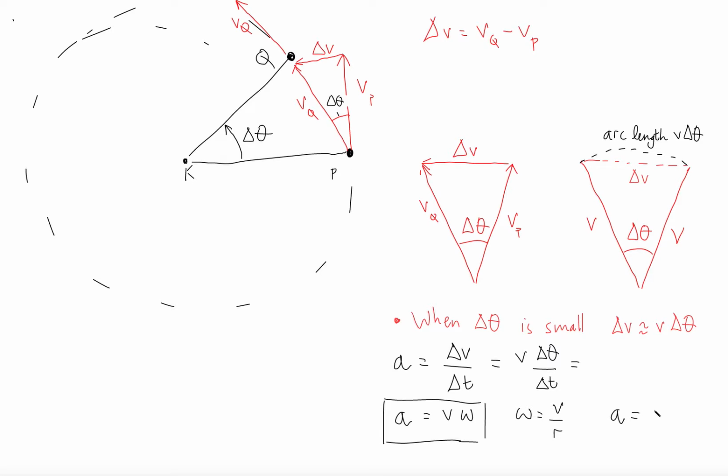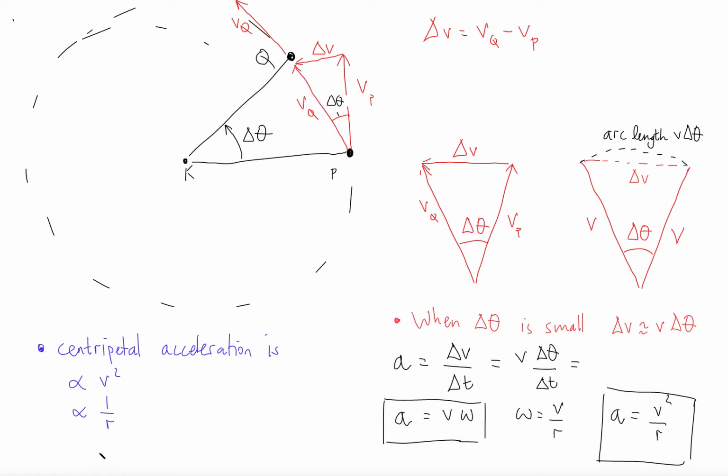That is a equals v squared over r. So, and this is an important result to note, that the centripetal acceleration is proportional to the square of the linear speed and inversely proportional to the radius of the circle.